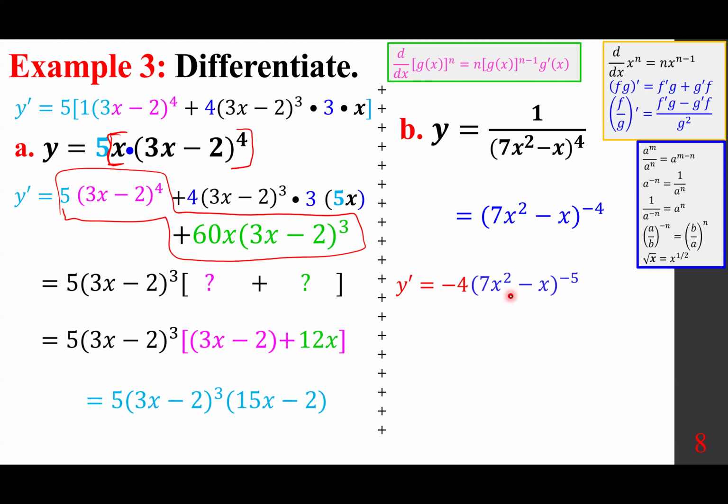The derivative of the inside is 14x minus 1. So you have a fraction bar, -4 and 14x minus 1. Their product is at top. This piece, which has a negative exponent, goes down and becomes a positive exponent.